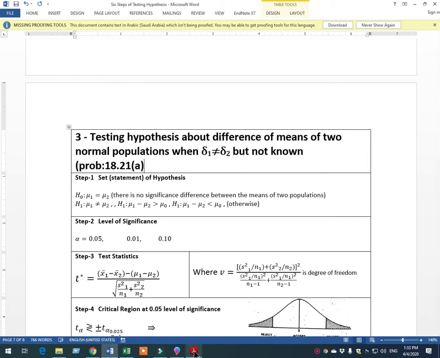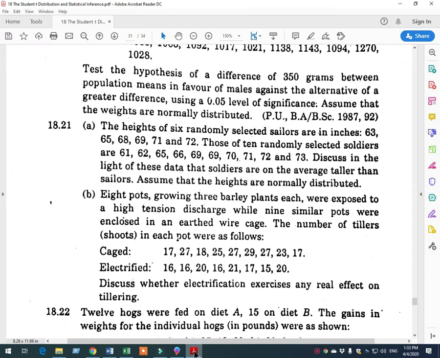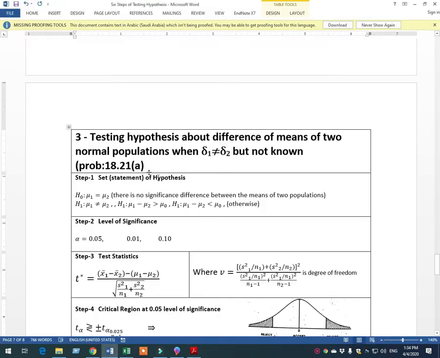We have 2 samples, 6 sailors and 10 soldiers, and the question is whether the soldiers are on the average taller than the sailors. So our first sample would be the sailors, and the second sample would be the soldiers. It is telling us that the second sample would have more than the sailors. So mu1 is less than mu2.